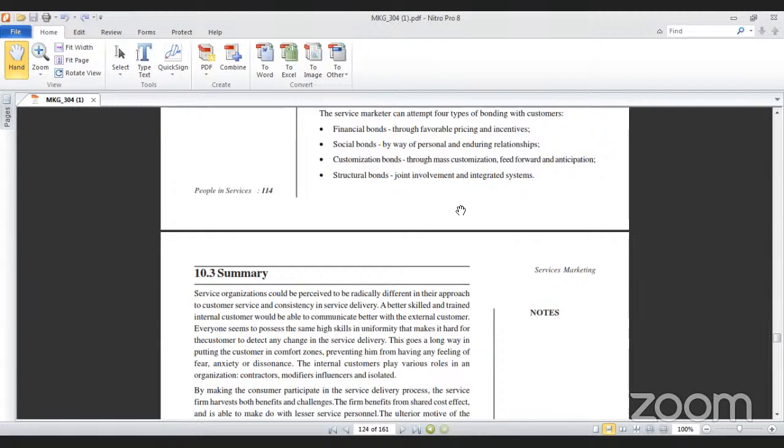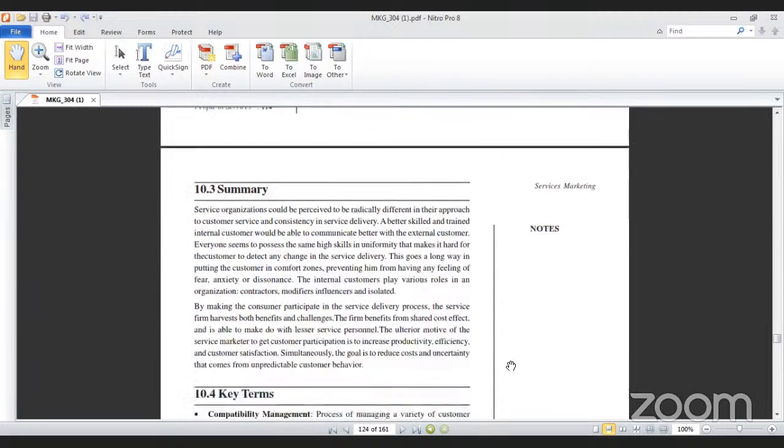anxiety, or dissonance. The internal customers play various roles in an organization's context: modifier, influencer, and isolated, by making the customer participate in the service delivery process. The service firm harvests both benefits and challenges. The firm benefits from shared cost effect and is able to make do with lesser service personnel.